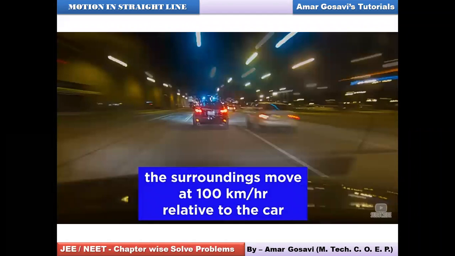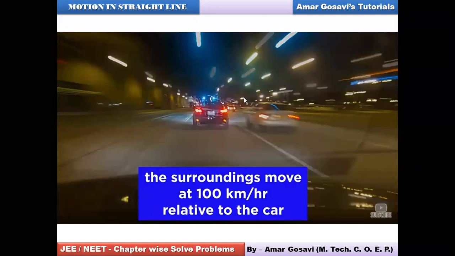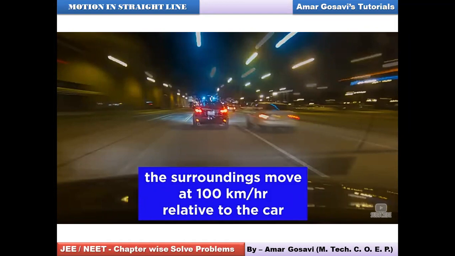You can see there's another picture over here. Obviously you can see the car is moving forward, but the other car will appear to move backward with more velocity as compared to what it is moving. The surroundings would move.